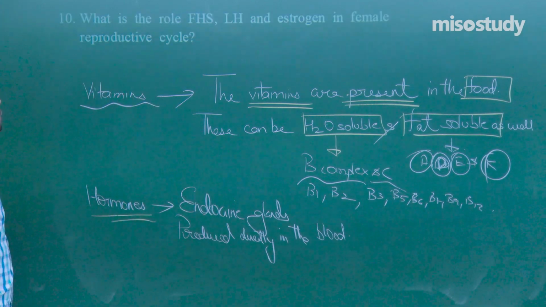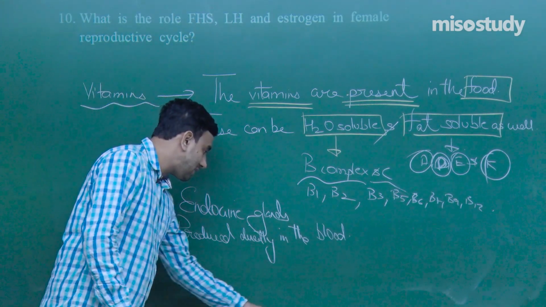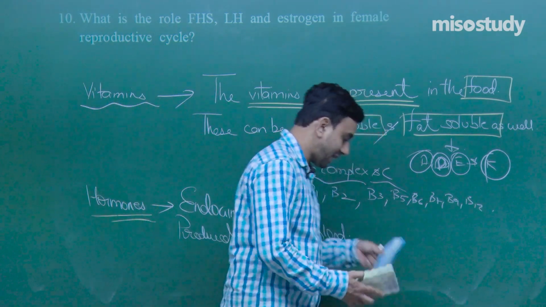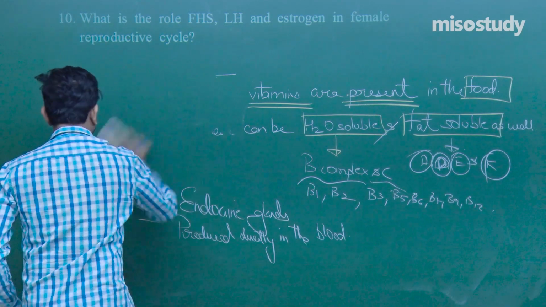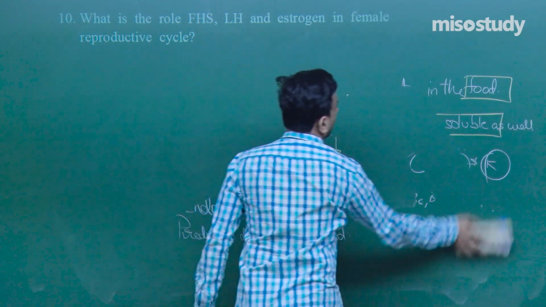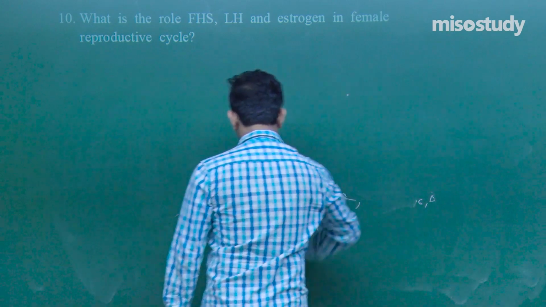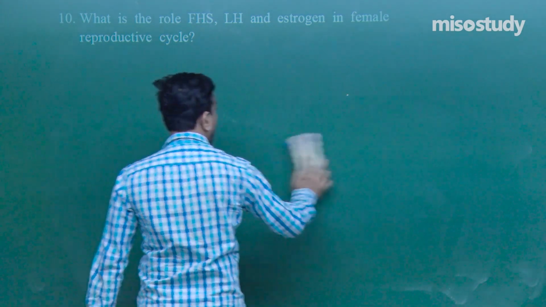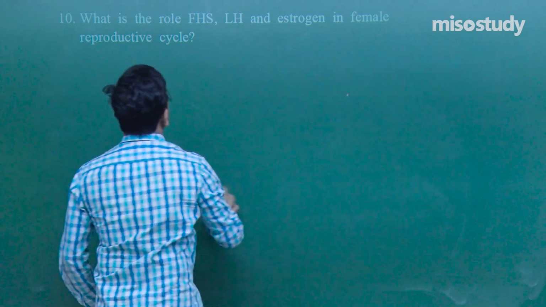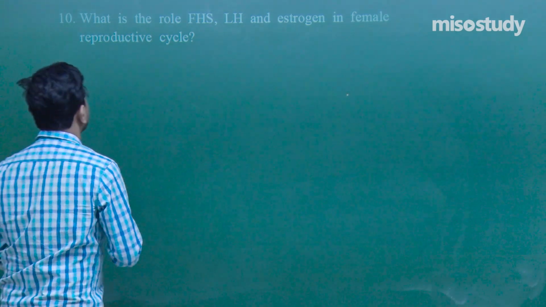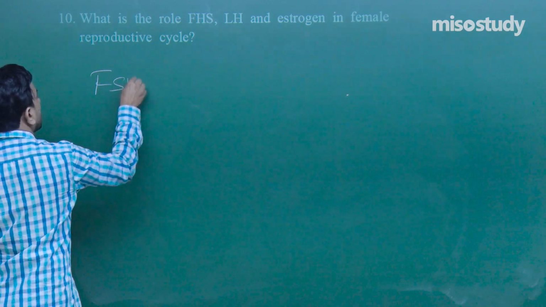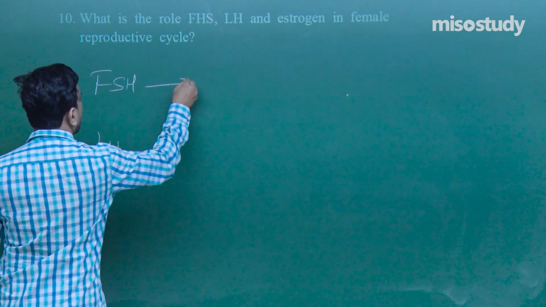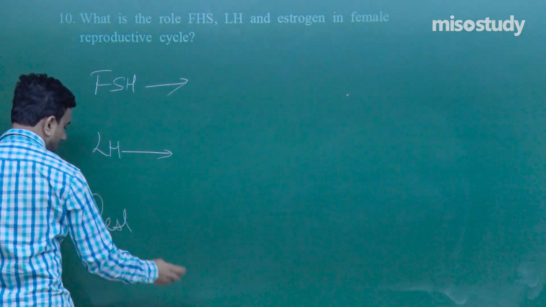Going to the next question, what is the role of FSH, LH and estrogen in the female reproductive cycle? We will talk about the FSH, then the LH and the estrogen.